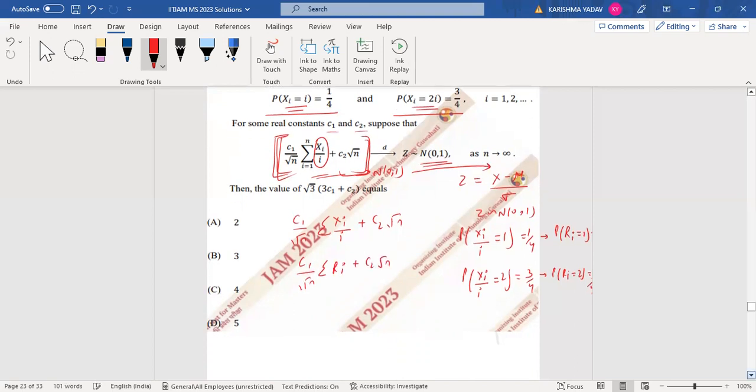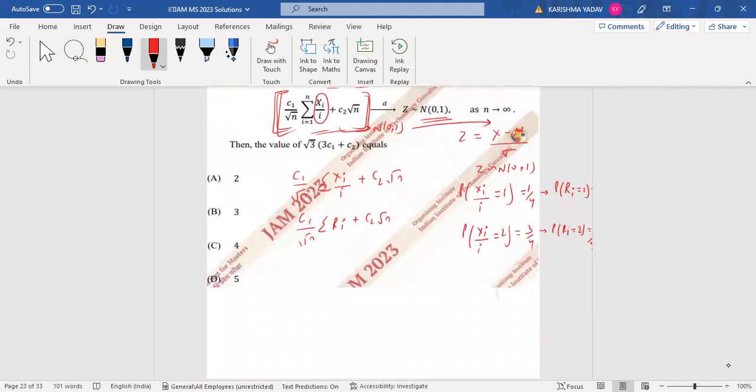Now we have to transform this into this form. I want to make this a mean, so let's divide by n, and this will form the mean. This n will cancel out and this will be root n, so this is root n c1 R bar plus c2 root n.